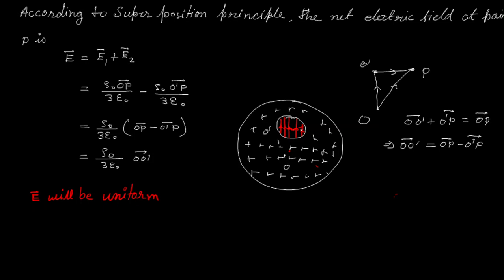At any point inside the cavity, the magnitude of the electric field depends only on the distance of the center of the cavity from the center of the charged sphere, and the direction will always be along the line OO dash. Okay.